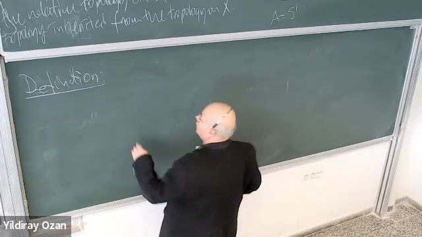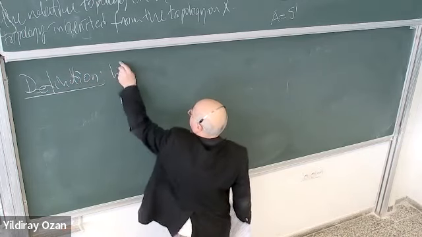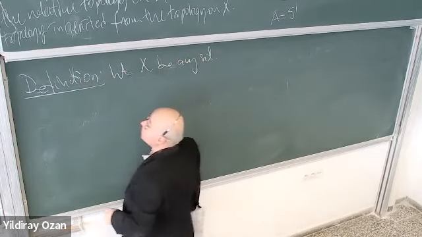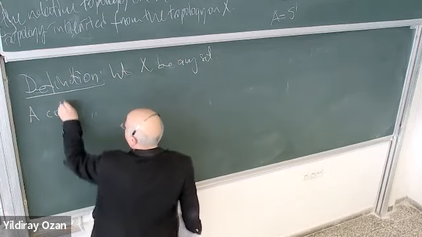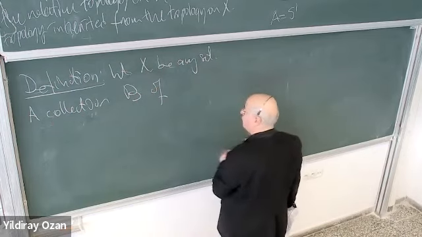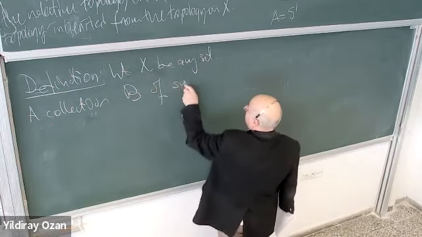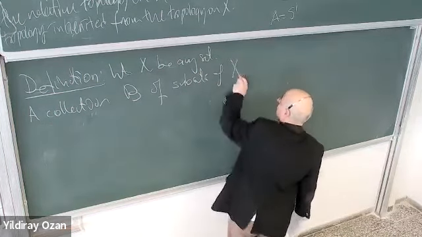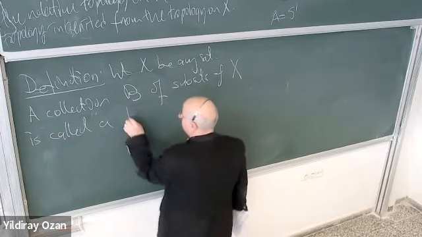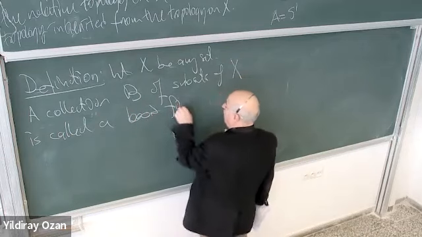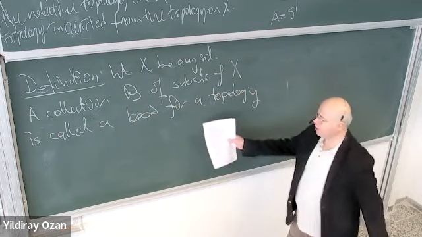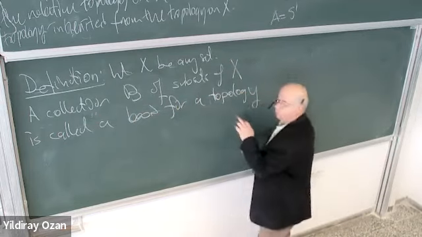Let X be any set. A collection beta of subsets of X is called a basis for a topology. So here I am saying a basis for a topology, okay?